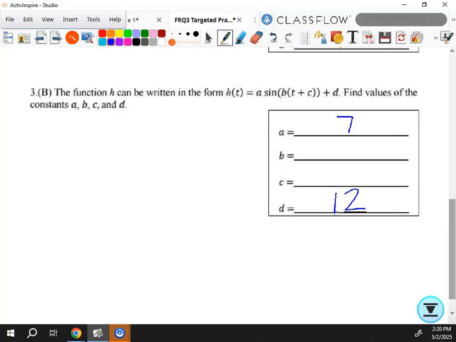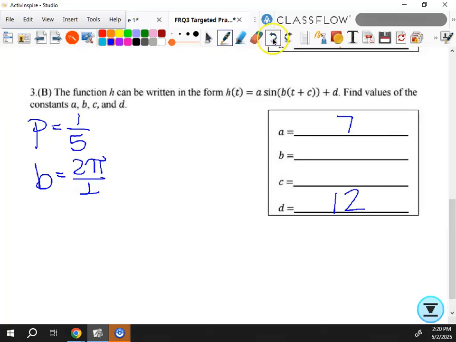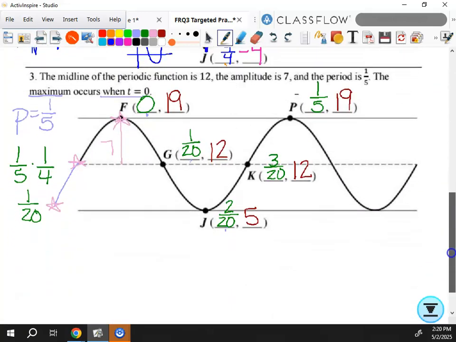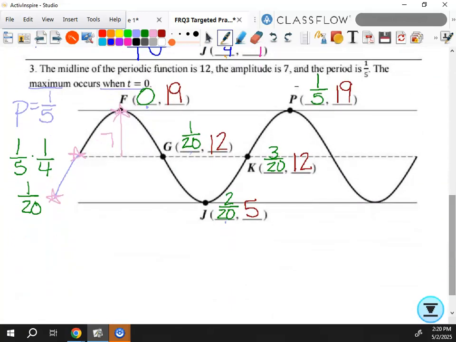All right, so then B, what was the period here? 1/5? Okay, 1/5. So that means B is going to be 2 pi divided by 1/5, which gives us, well, that's a weird 5, but 10 pi. Very good. Then this one is sine, right? So I do have multiple options, but again, I'm just going to go with the simplest option, thinking we're going to start at one of these 2 places.